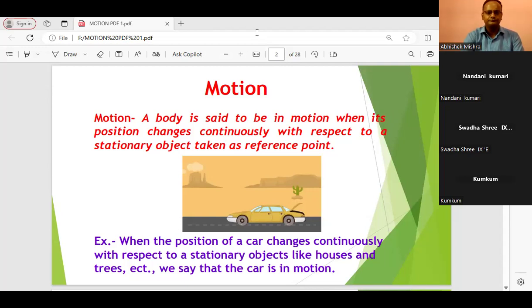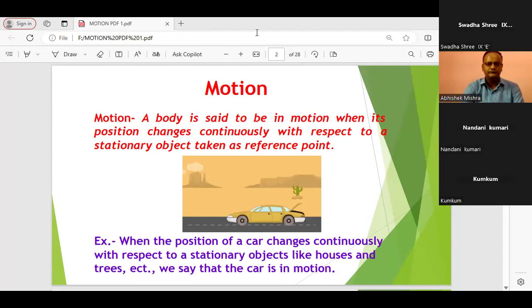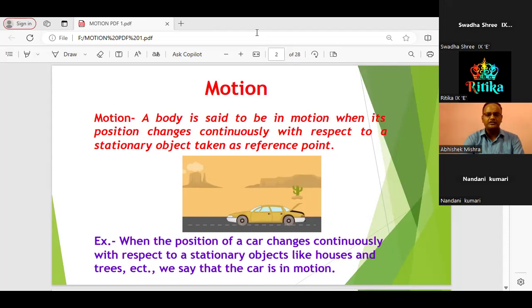Anyone? Difference between distance and displacement. Any of the students? Okay, Ritika, you can unmute yourself. Yes, Ritika.